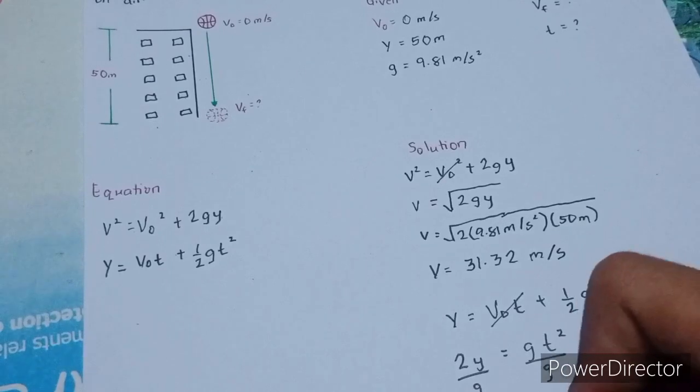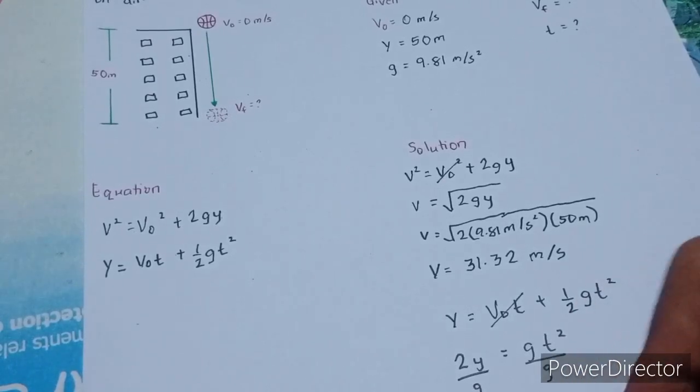Then t is equal to the square root of 2y over g.